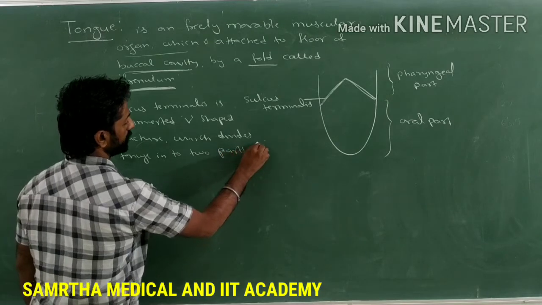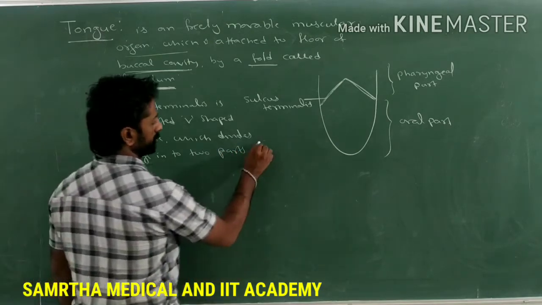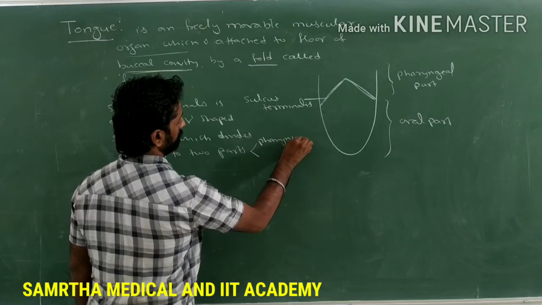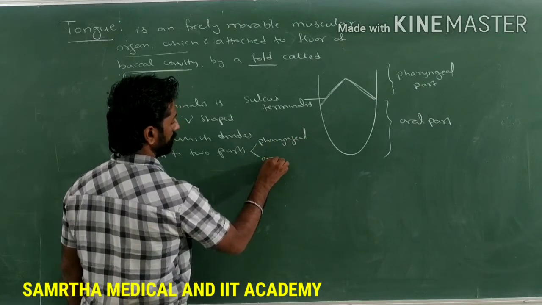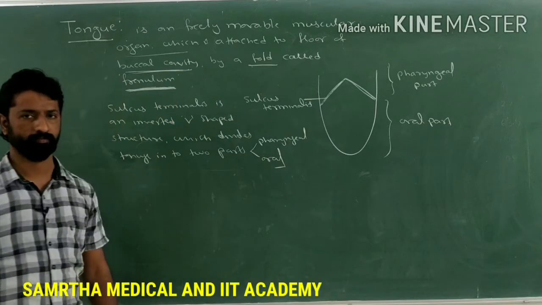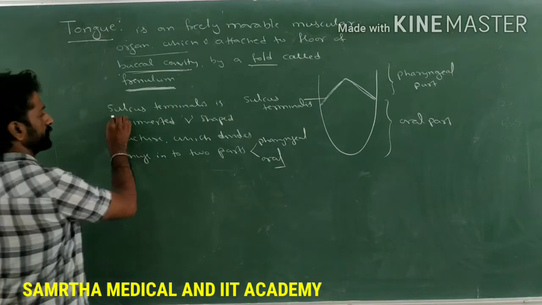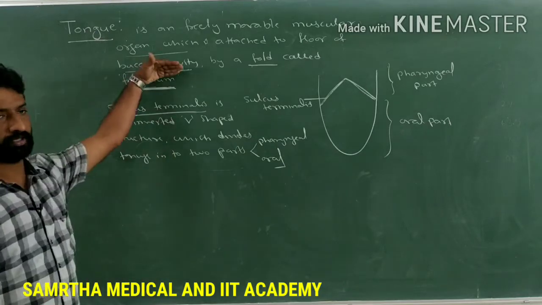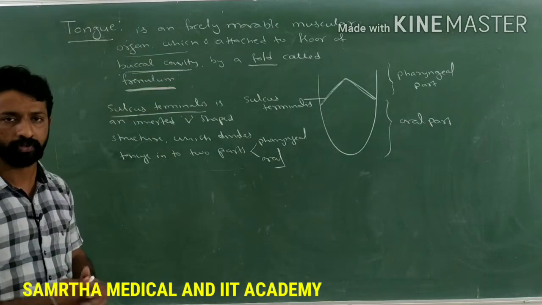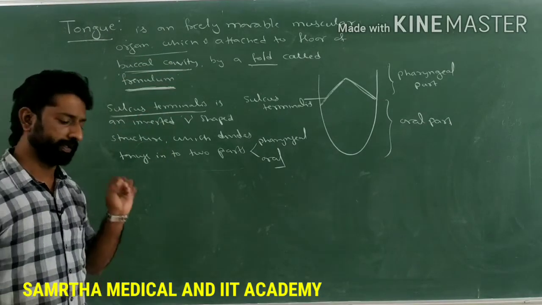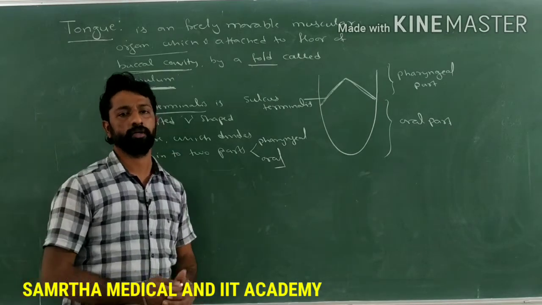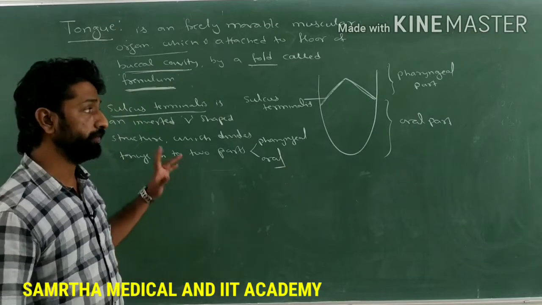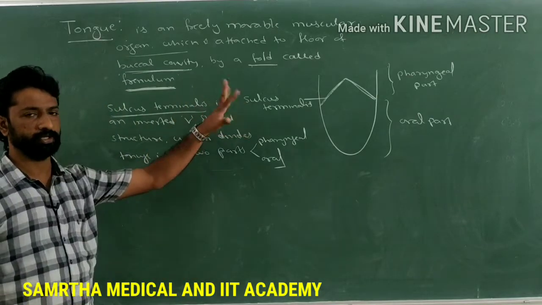What are those two parts? The pharyngeal part and the oral part. That is the structure called the sulcus terminalis. Remember these two structures in the tongue, they are very important for the NEET examination. Frenulum is meant for attachment of the tongue to the floor of the buccal cavity, and sulcus terminalis is an inverted V-shaped structure which divides the tongue into two parts.